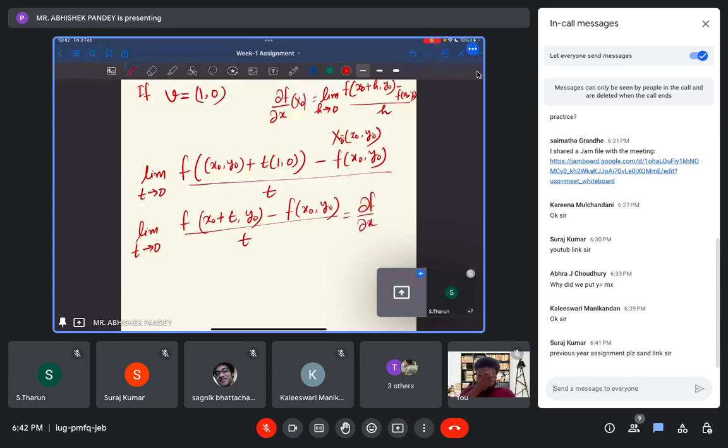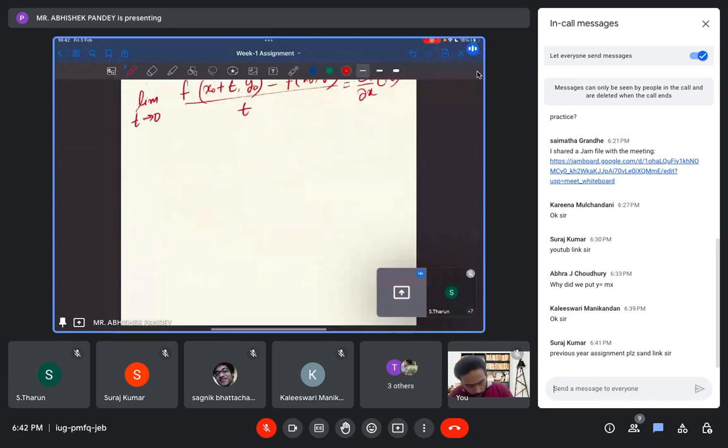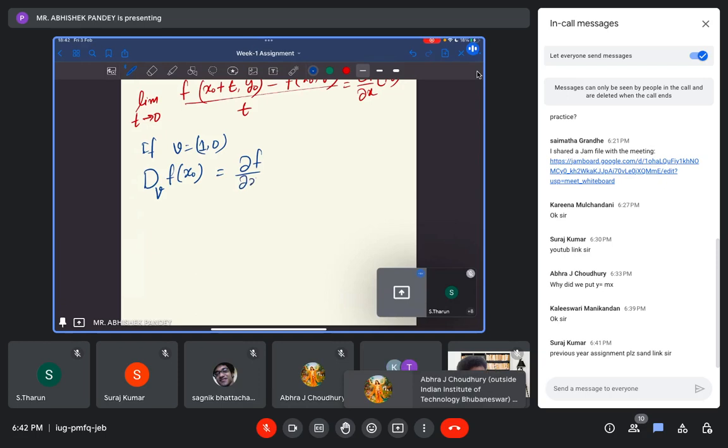Okay, so now let me write precisely. If v equals to 1 comma 0, meaning the unit vector on the x-axis, you will get D_v f at x naught, the directional derivative of f at x naught in the direction v, is nothing but partial derivative of f with respect to x at point x naught.